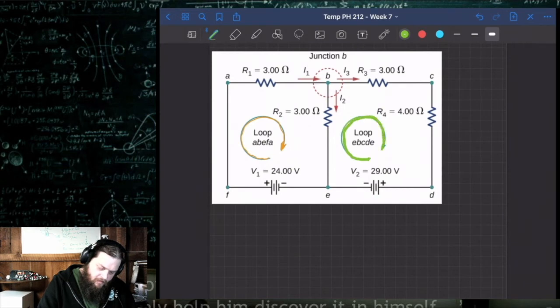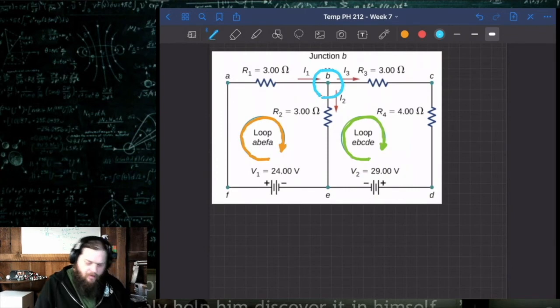There we go. Might be easier to see. And again, this junction up here, junction B as well. Here, they give us the voltage values, they give us the resistor values, they don't give us any of the currents. So our current values are going to be the key that we're looking for.